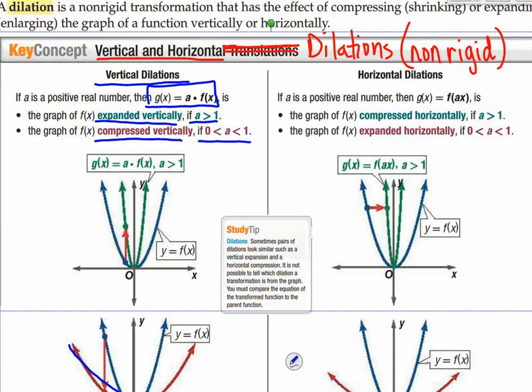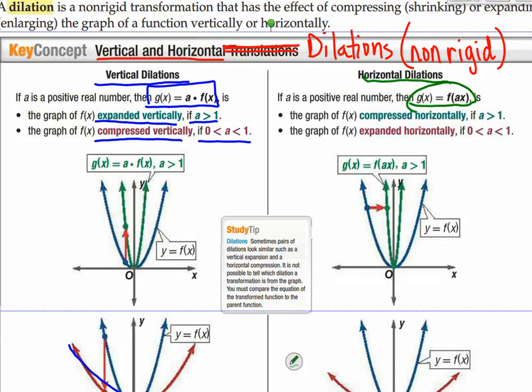It's the horizontal ones that are kind of opposite. So in this one, horizontal dilations, the place where we're changing things is actually the x value of that function. And we're replacing x with 4x or 2x or 5x or 1/2 x.